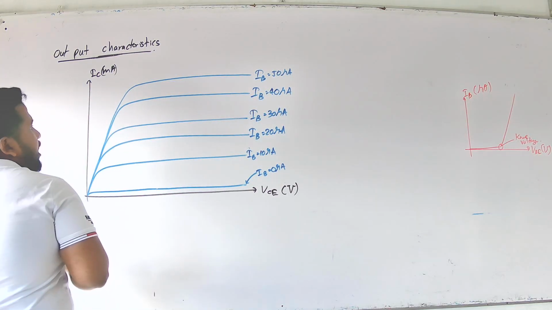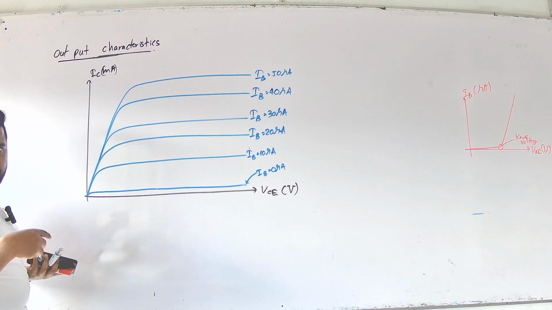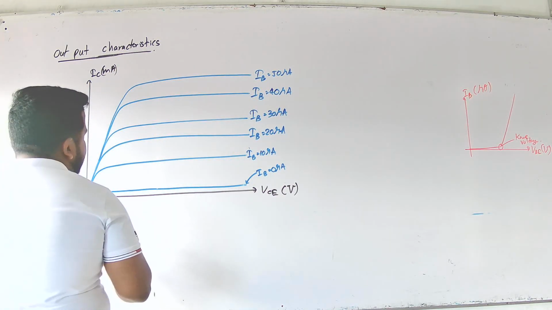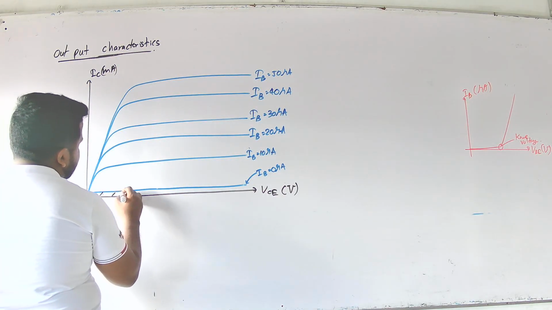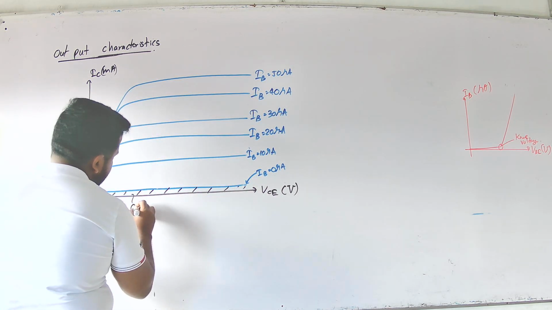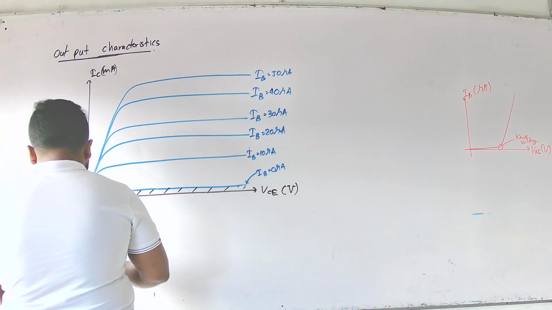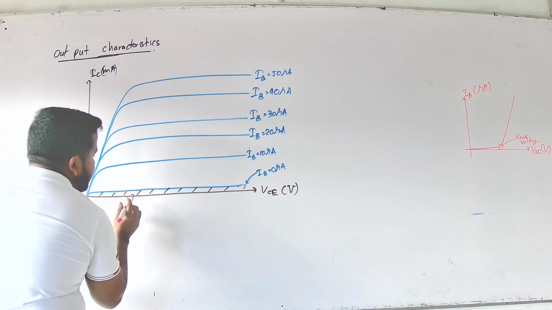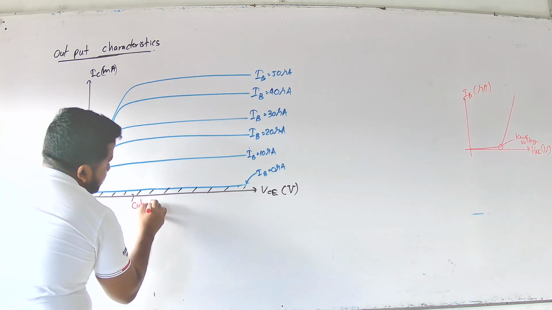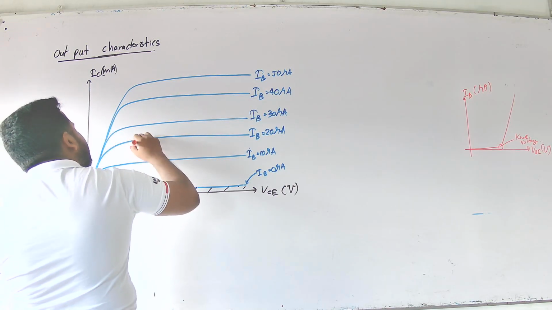Then IB goes to the saturation region. Therefore, in this case, this is the cutoff region. So regions. This one is the cutoff region. This is the active region.